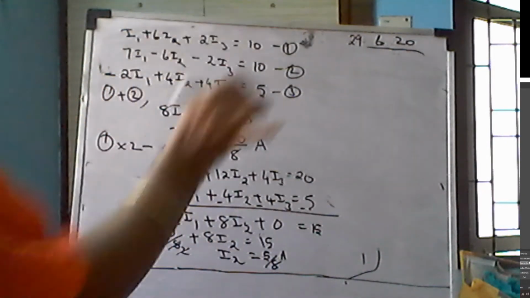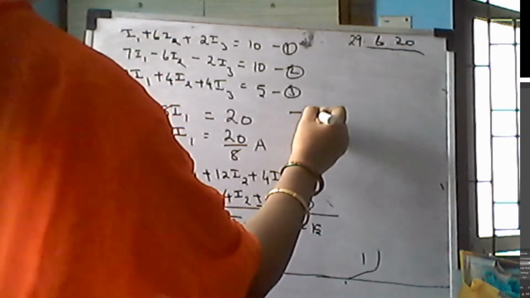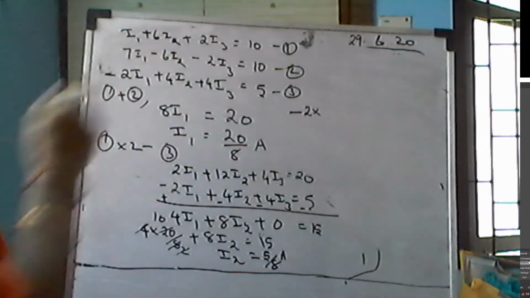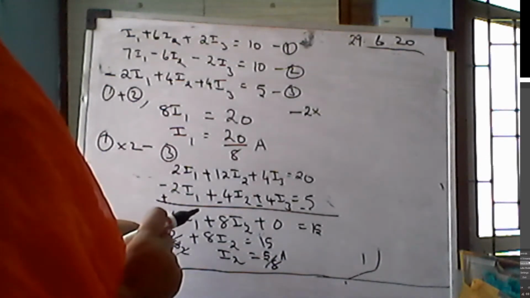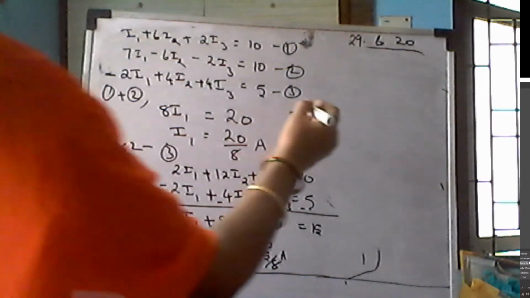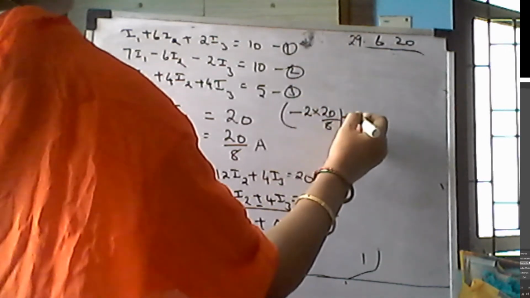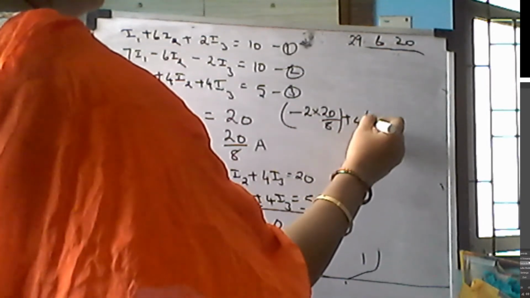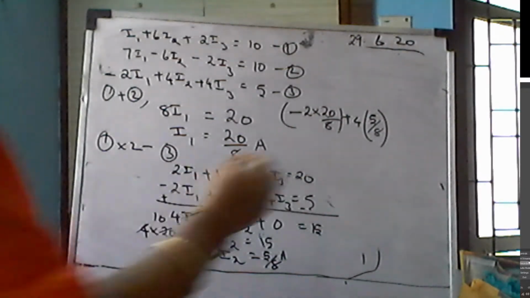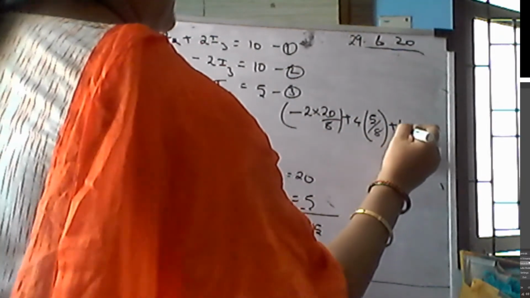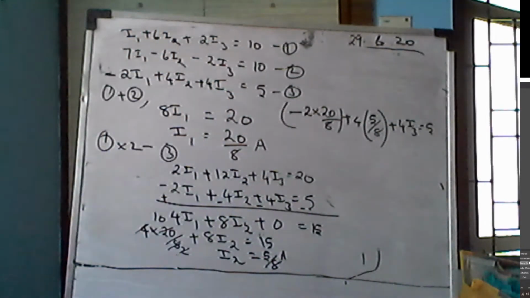You can substitute anywhere and you can do it. So minus 2 into, I am substituting I1, I2 here and I3 I am finding out. Minus 2 into I1 is 20 by 8. So 20 by 8 plus 4 into I2 is 5 by 8, 4 into 5 by 8, plus 4I3 equal to 5.